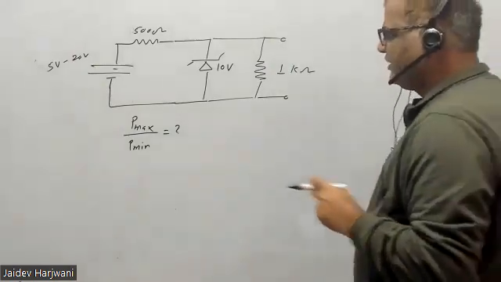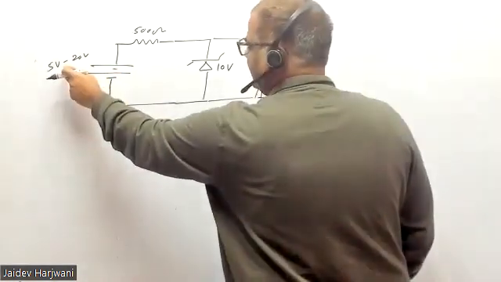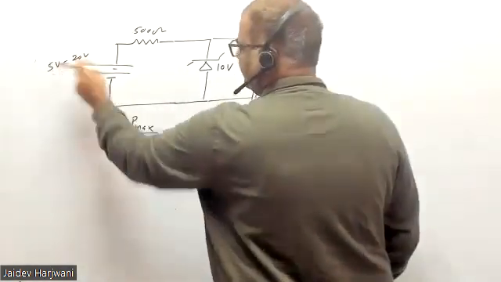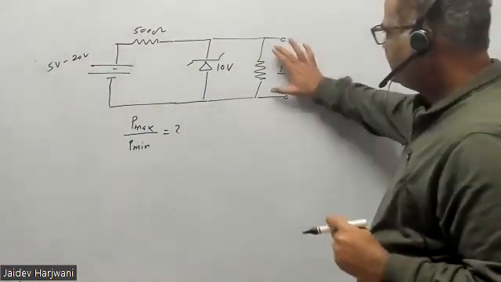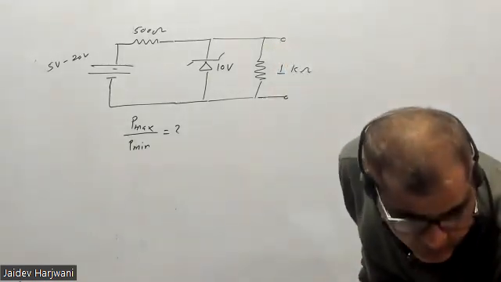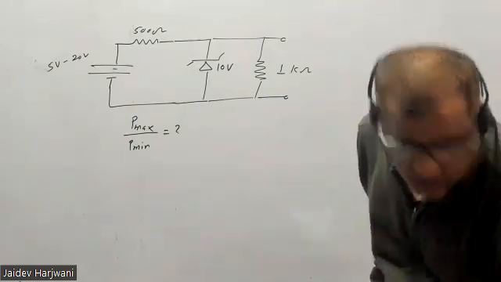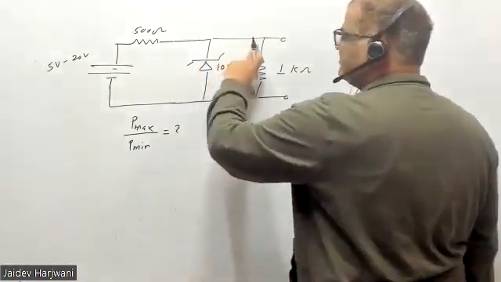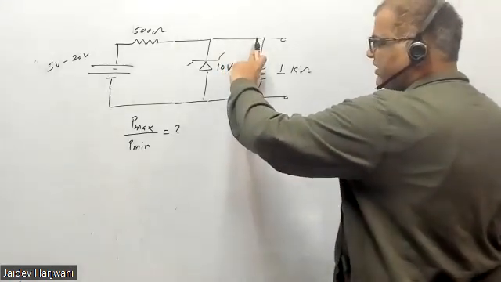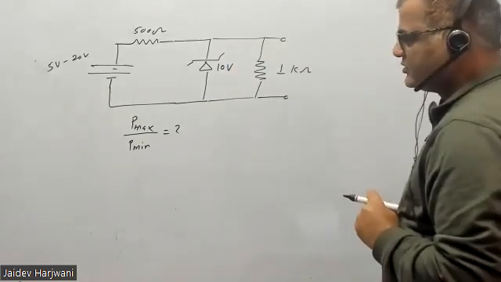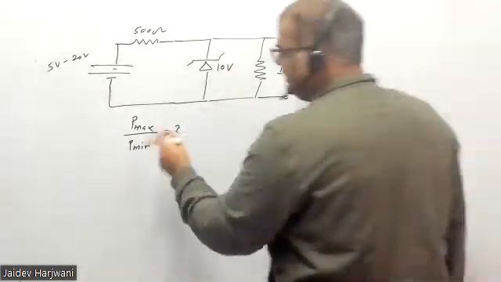So if I apply a 5 volt battery here, for minimum current, the maximum voltage here can be 10 volts when the diode is on. Any question? So when the diode is on, the maximum voltage is 10 volt. So we'll first find the P minimum.